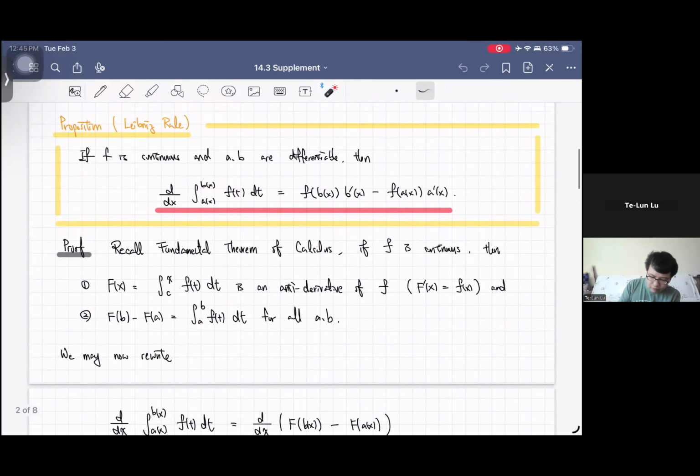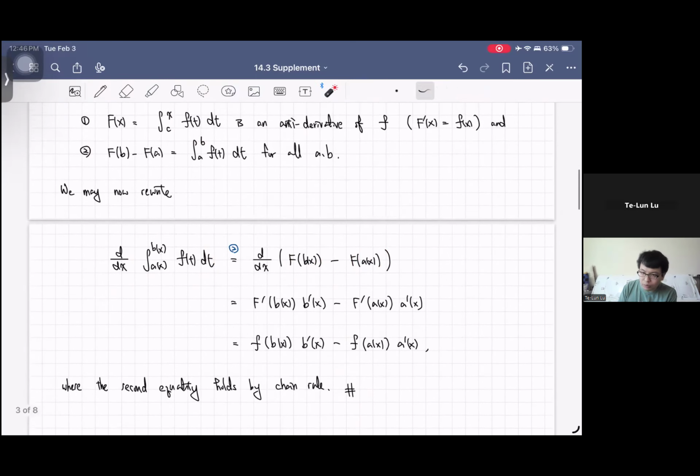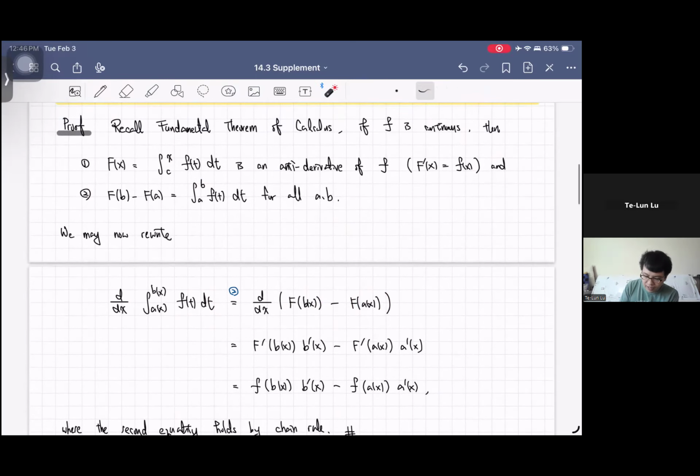So if we find an antiderivative of this function f, then by the second part of the fundamental theorem of calculus, this integral is F of b of x minus F of a of x. Now, by the single variable chain rule, the derivative is F prime of b of x times b prime of x, minus F prime of a of x times a prime of x.